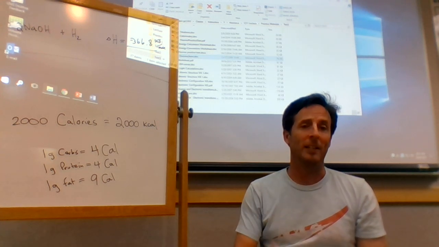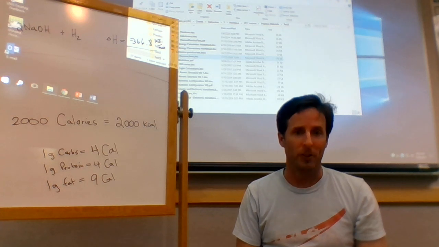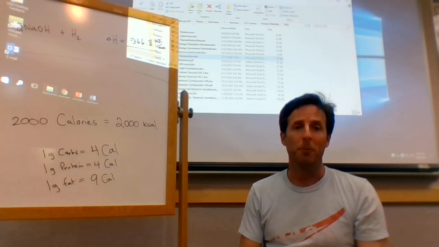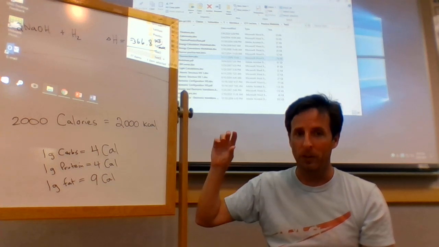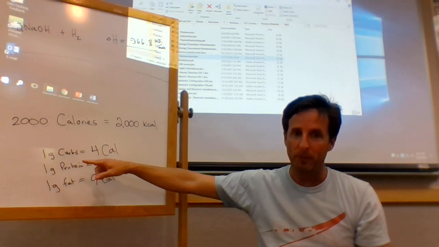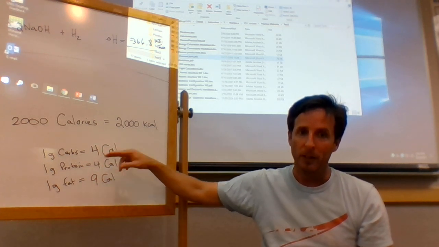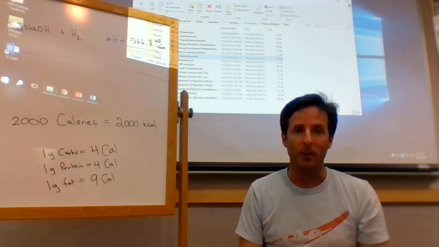So if I drink a can of Coke, I think a can of Coke has about 40 grams of sugar in it. So the number of calories in a can of Coke would be 40 grams times 4 calories per gram. I can make that into a conversion unit. So it's going to end up being 40 times 4. It's about 160 calories.